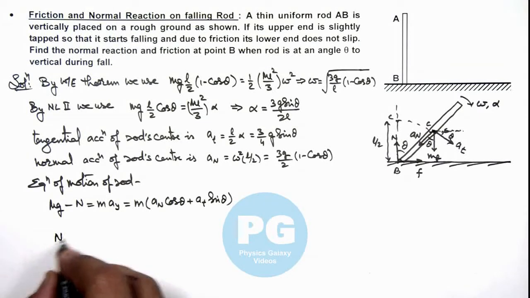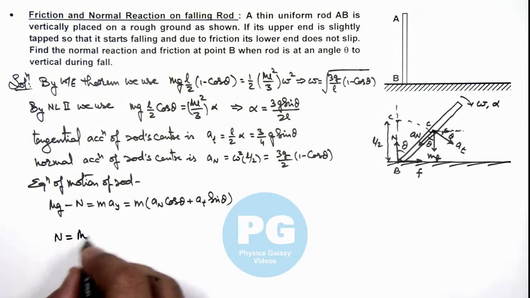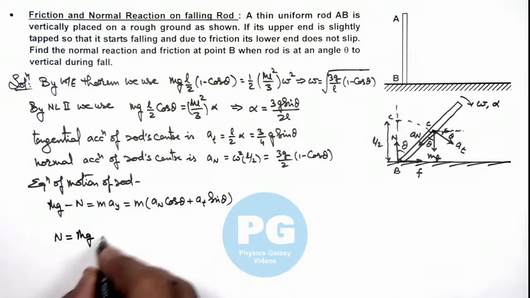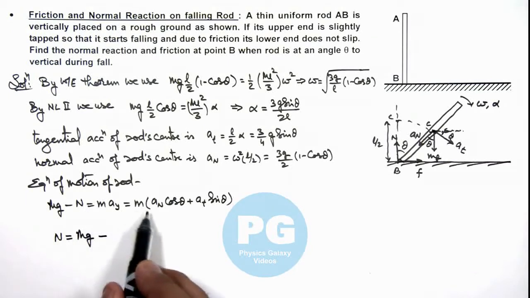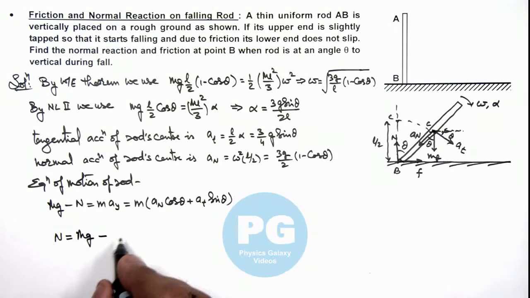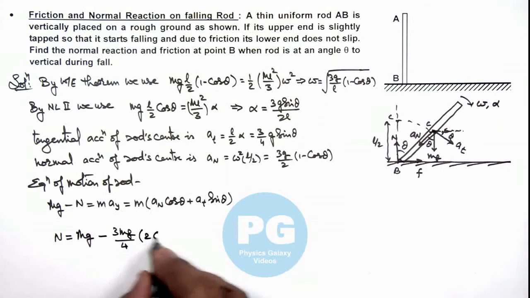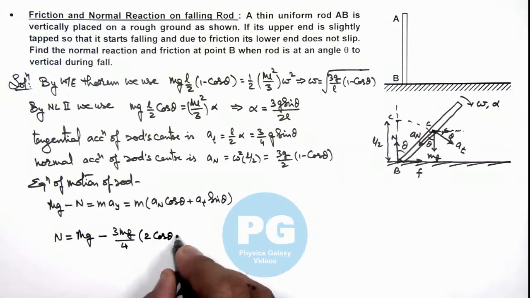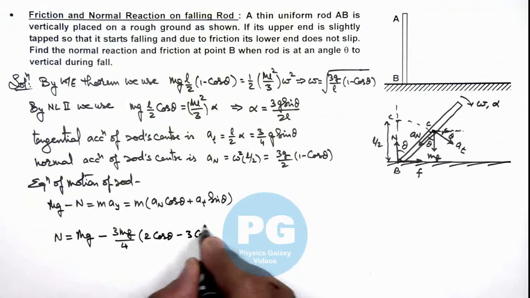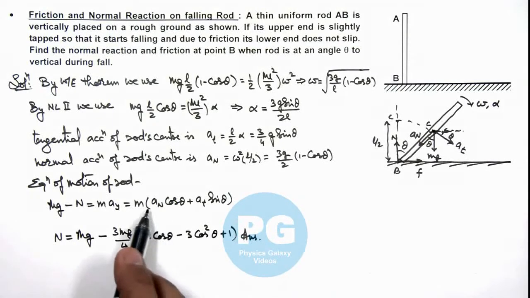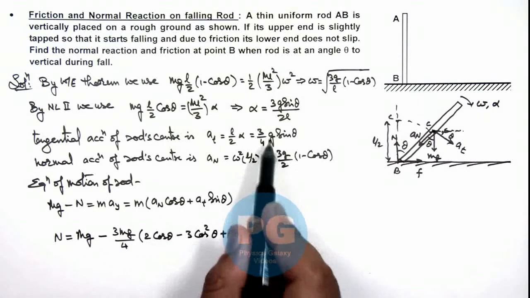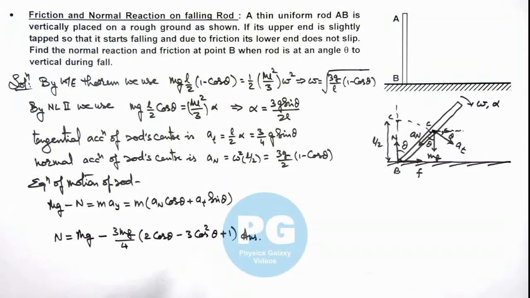N is equal to mg minus m a y, and when we substitute the values of a y, this will give us 3 mg by 4 multiplied by (2 cos theta minus 3 cos square theta plus 1). That is the result of this problem. I'm leaving it for you as an exercise to substitute a t and a n over here and verify this result.